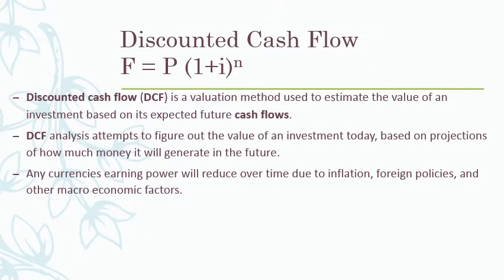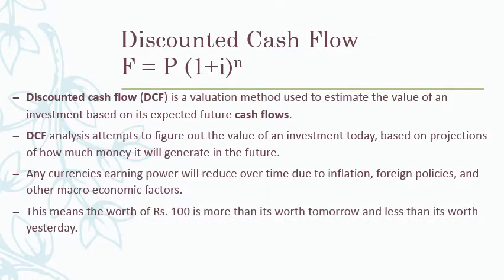Any currency's earning power will reduce over time due to many macroeconomic factors like inflation, foreign policies, EXIM policies, that is export-import policies. Many factors will lead to a change in the earning power of any currency, and that means the worth of 100 rupees today is more than its worth tomorrow, and its worth is less when compared to yesterday.